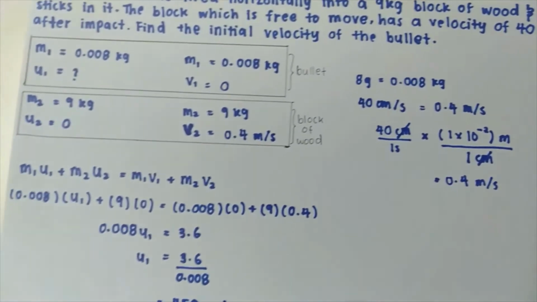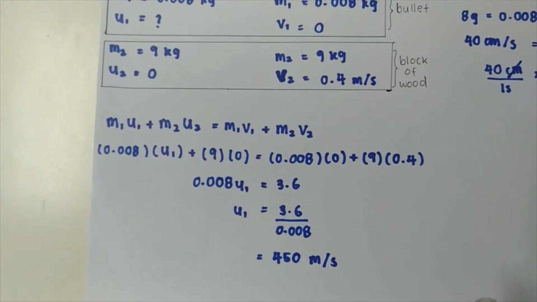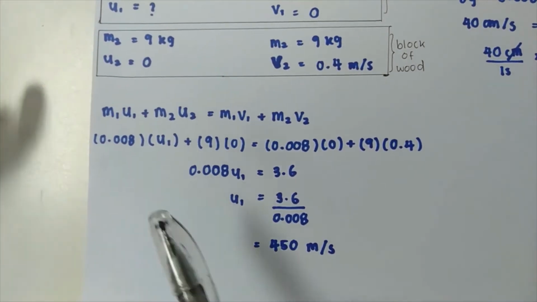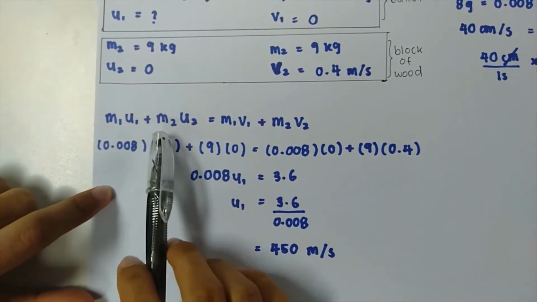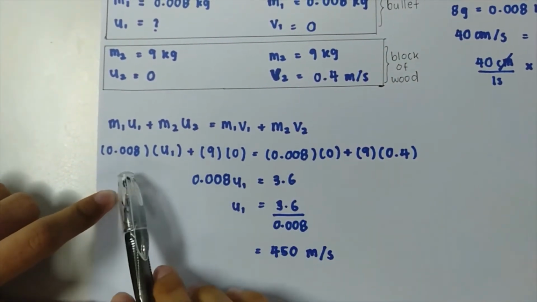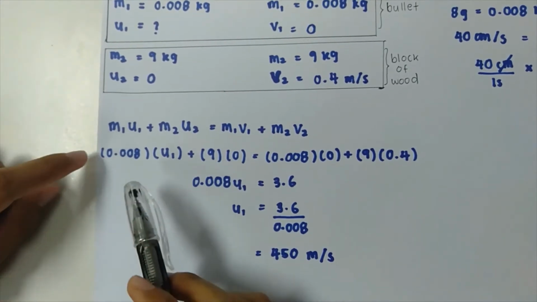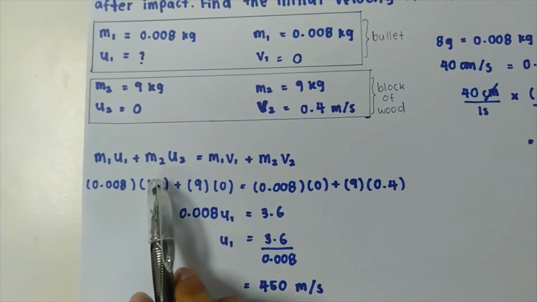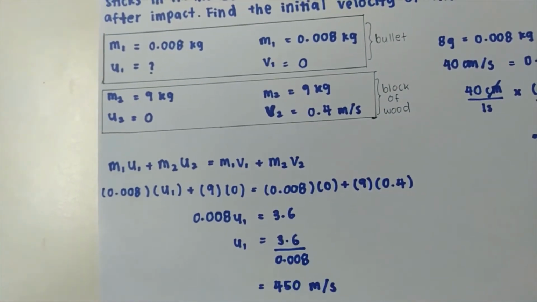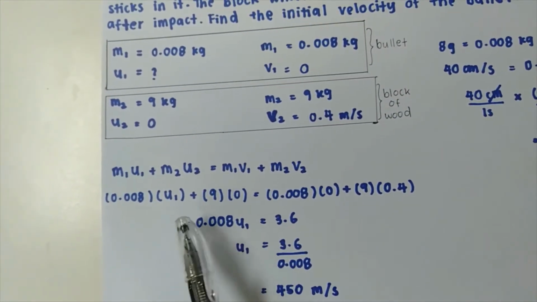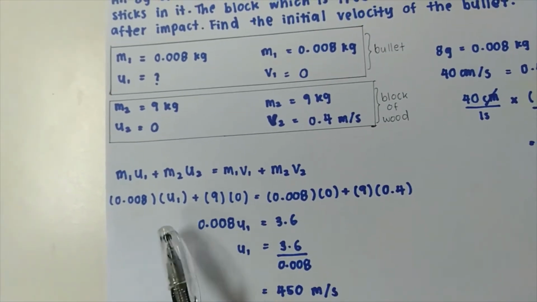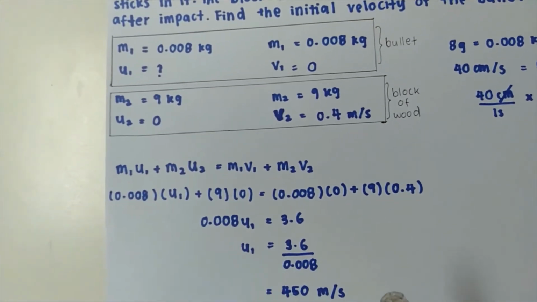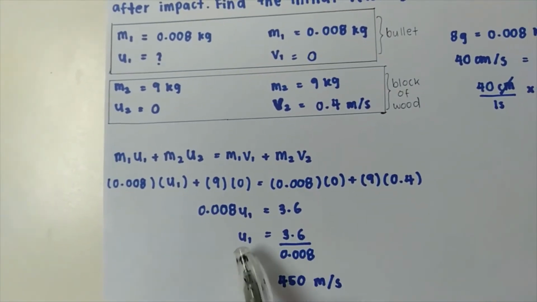Okay, the next step is we just write down the formula just like this, and we write down the information that we have here in this formula. So we want to find U1, right? So after we have pasted all the information here, we just need to find U1.